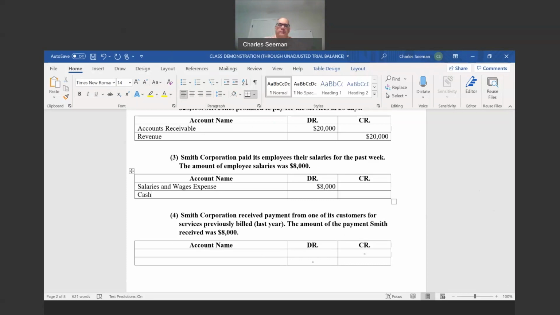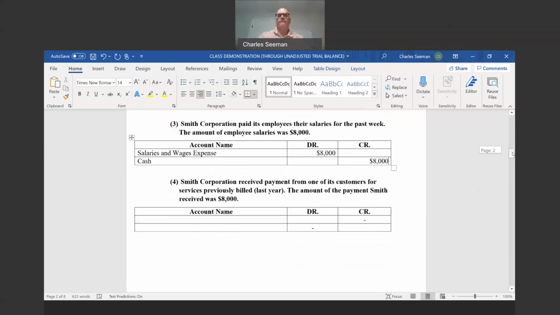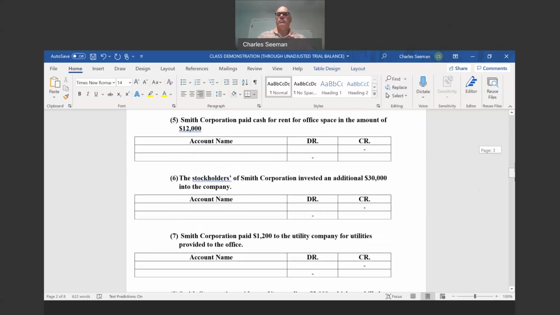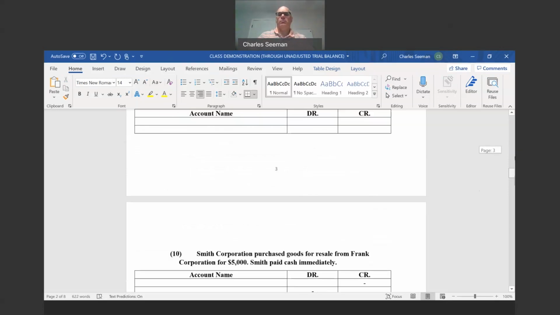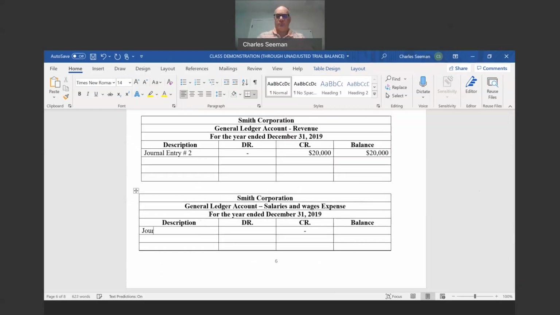What about cash? On the left side of the accounting equation, that decreased the amount in my bank account. The decrease in an asset is a credit. Exactly what's in the journal.